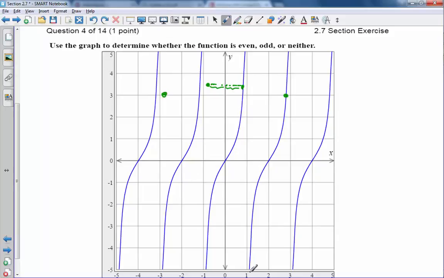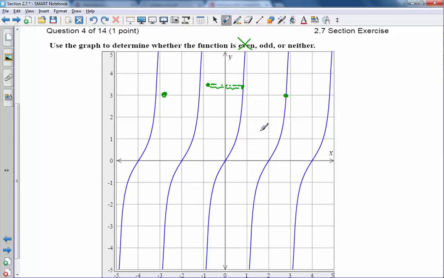You are short, almost hitting, but not really. So it has no y-axis symmetry. So we cannot call this even. How about odd? Is it odd?